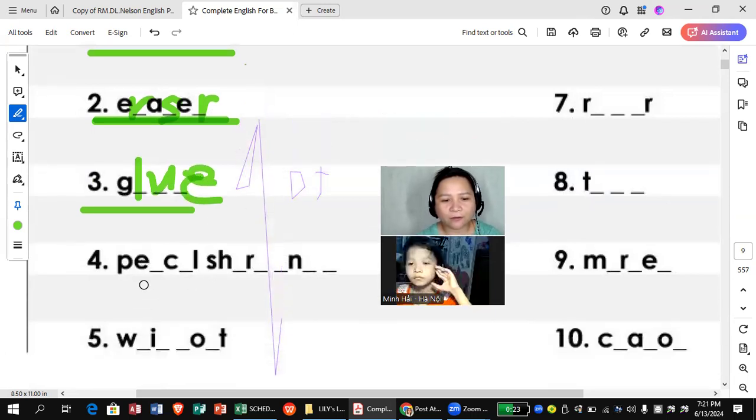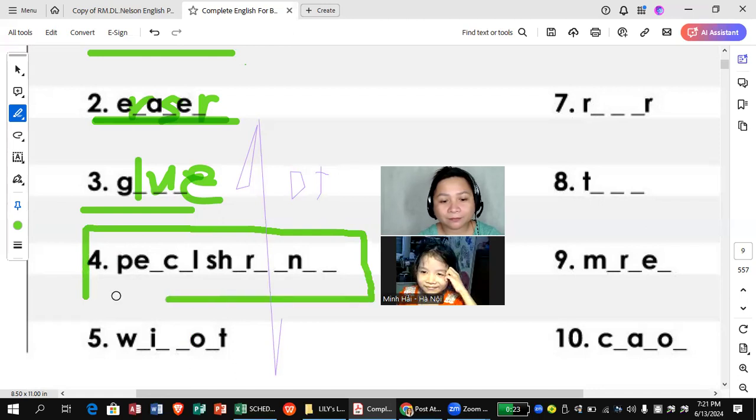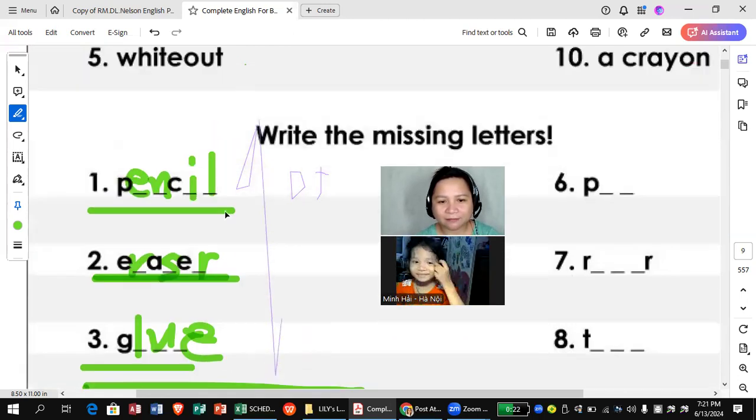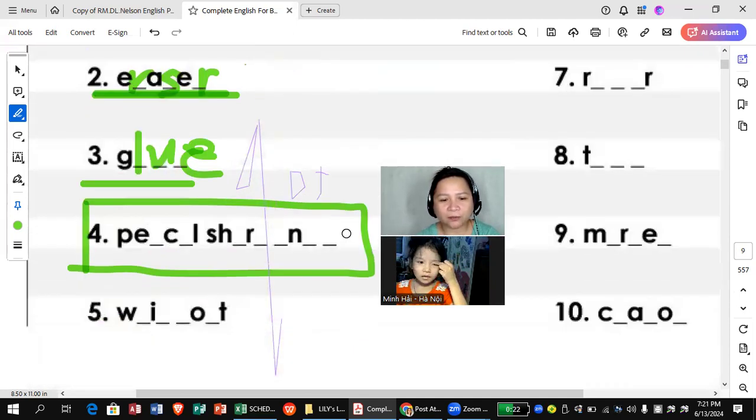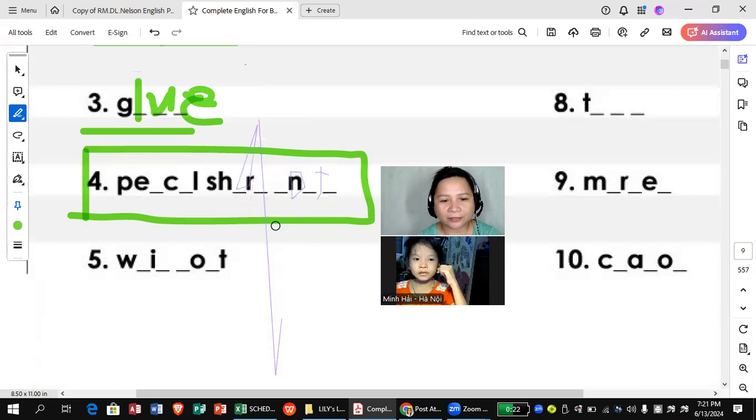Okay, for number 4, what's this? Pencil sharpener. Okay, so what are the missing letters in here?